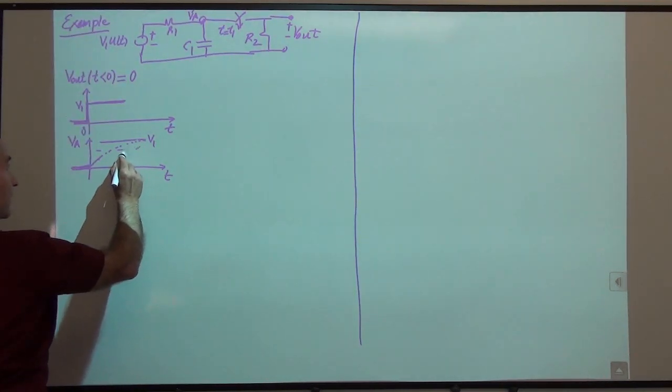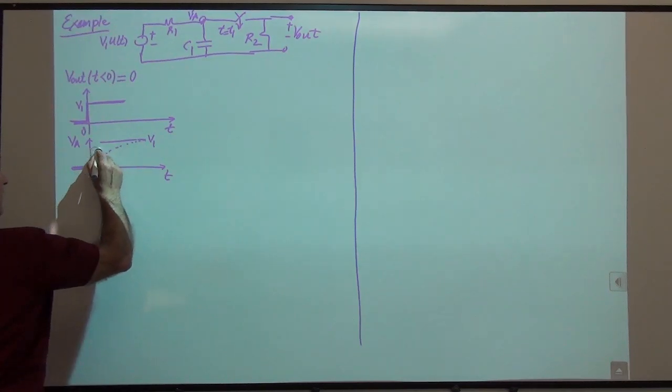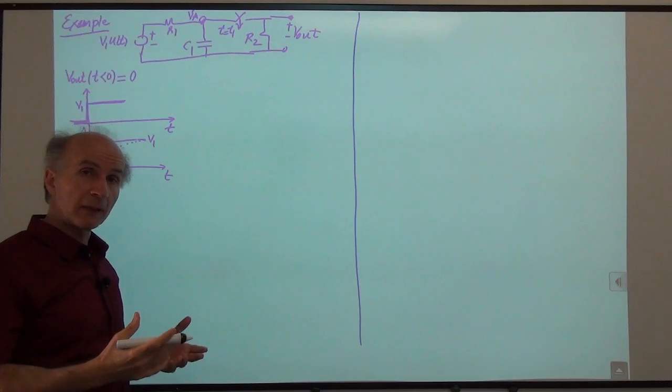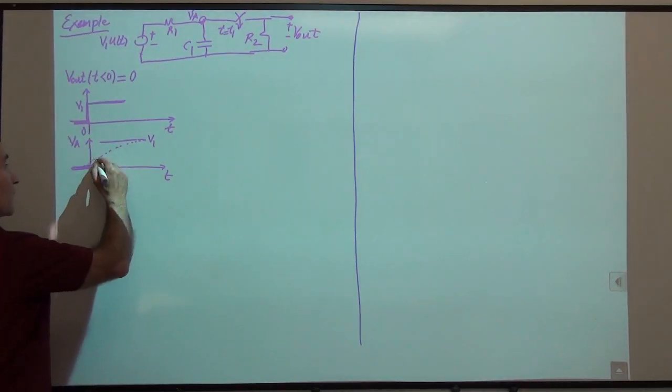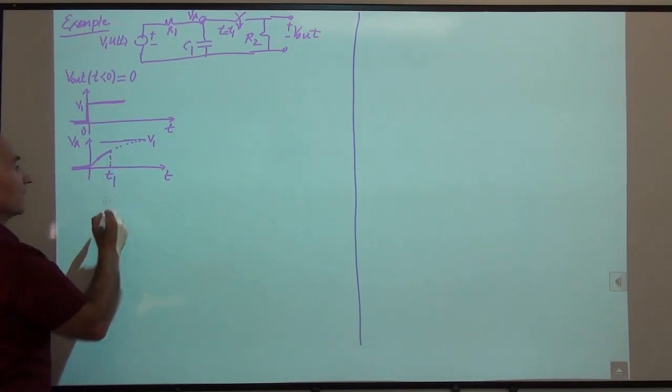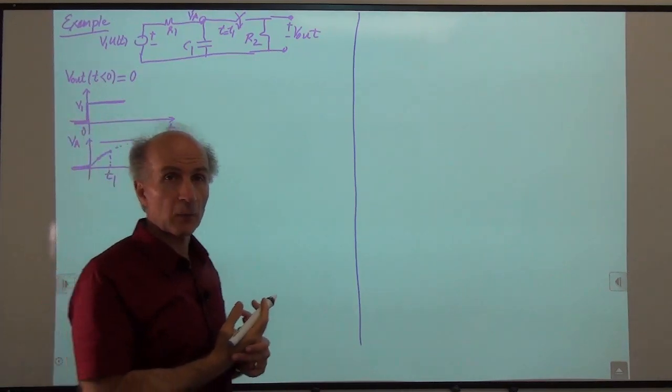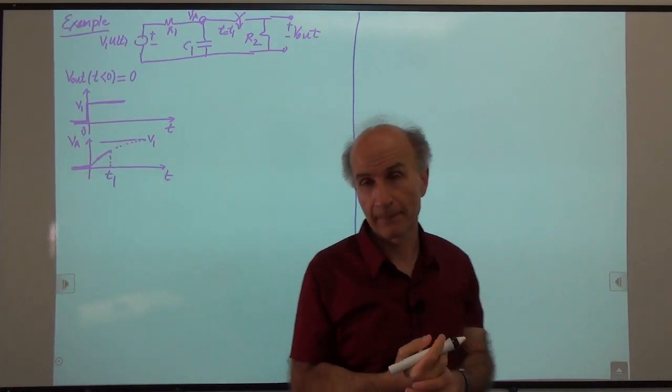But suppose that T1 is such that we don't allow C1 to charge completely. So again, we're going for some while, and then at this point in time, T1, that switch begins to conduct. And now we would like to see what happens.